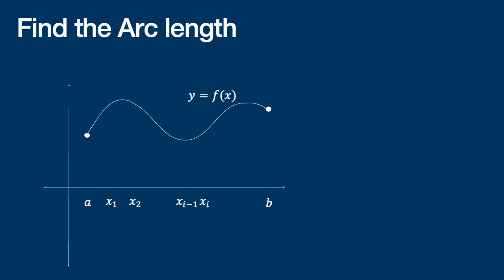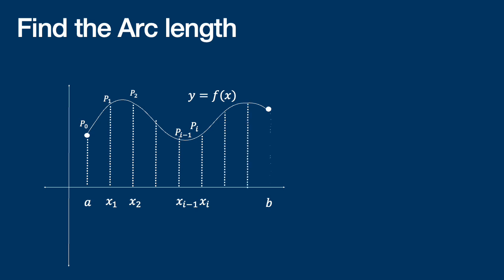So I divide the interval from a to b into small subintervals and place some points along the curve. a is P0, x1 is P1, a point on the curve, x2 is P2, and keep going. x_{i-1} is P_{i-1}, x_i is P_i, and the last point is b, which is Pn.